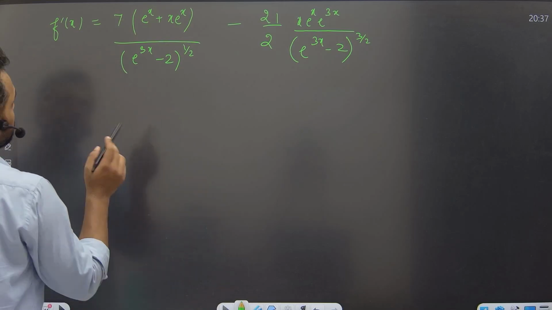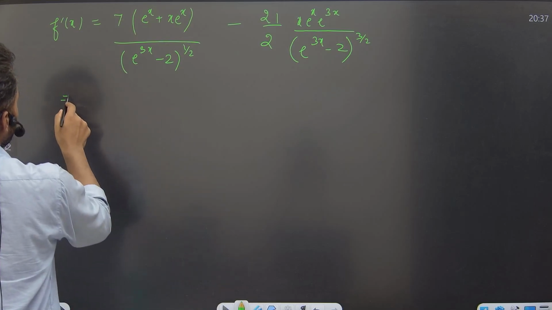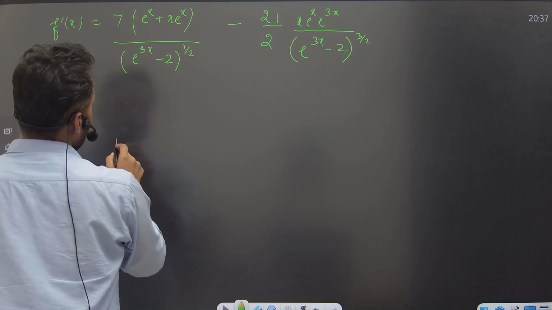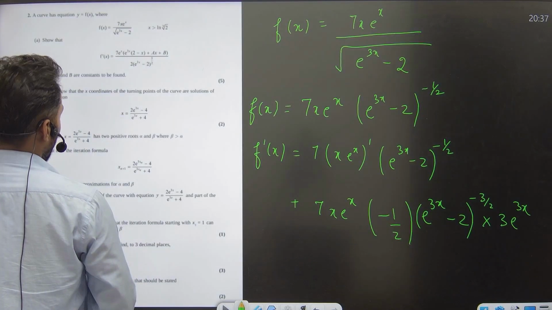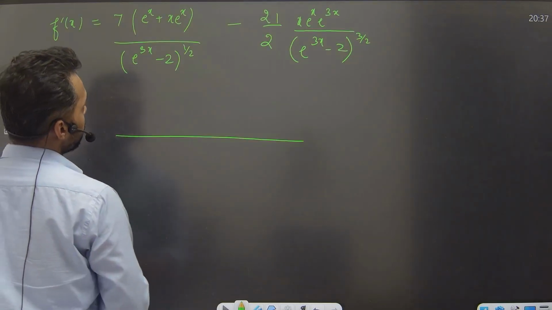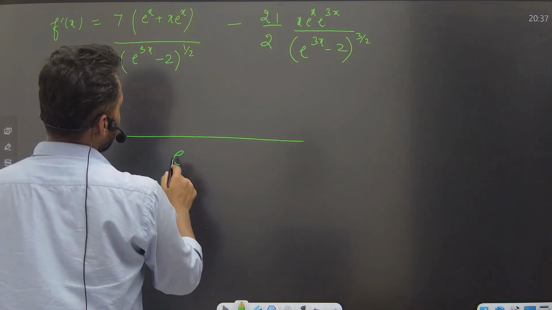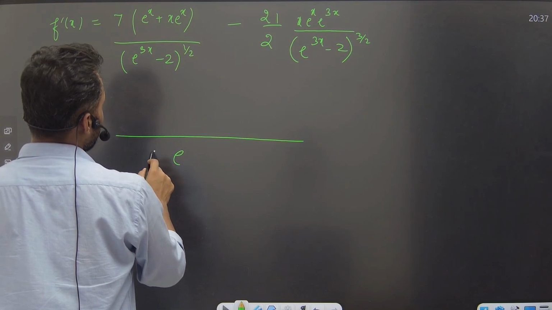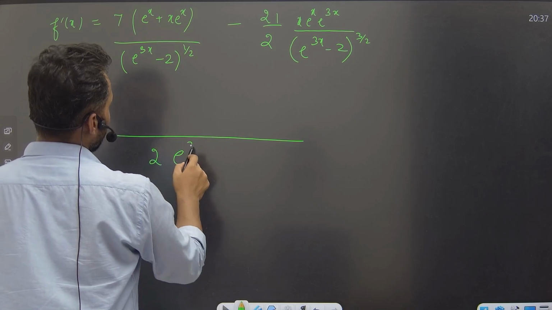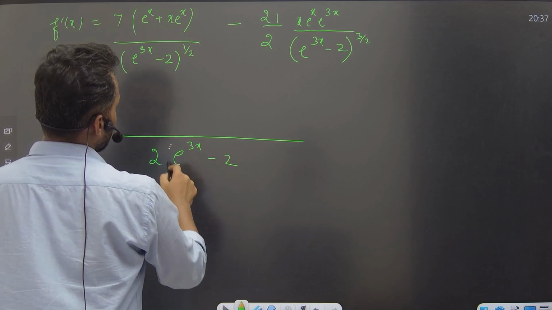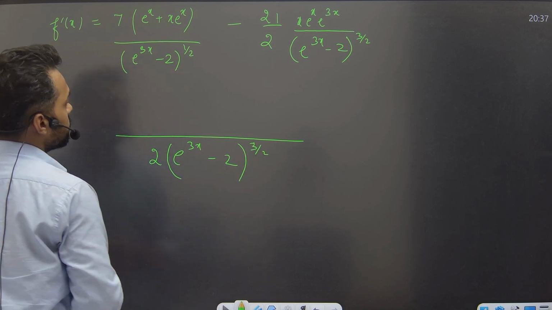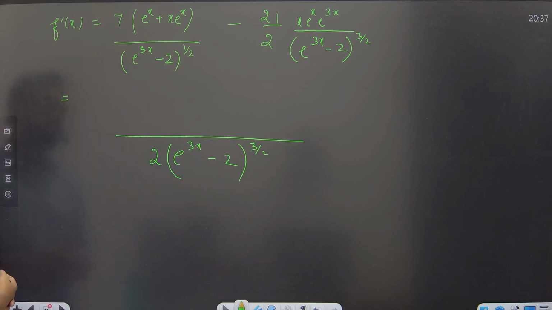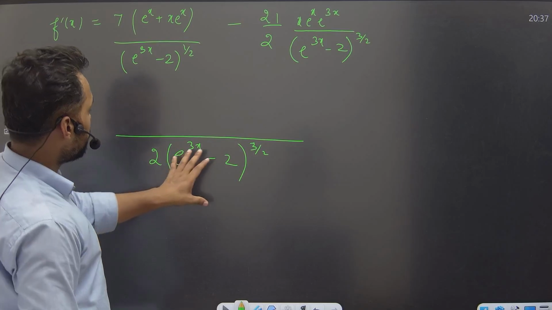Okay, let's calculate it further. If I take the LCM here, student, the LCM part will be 2 times e raised to the power 3x negative of 2 raised to the power 3 by 2. Okay, this will be the LCM.